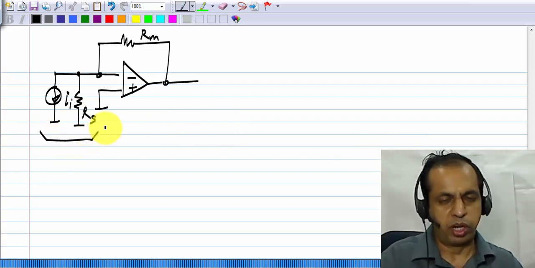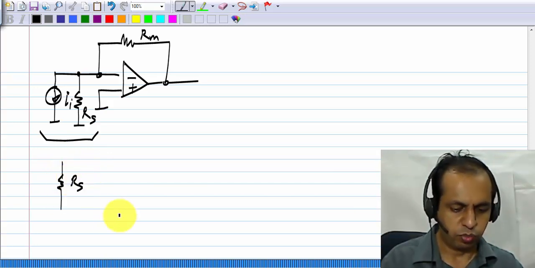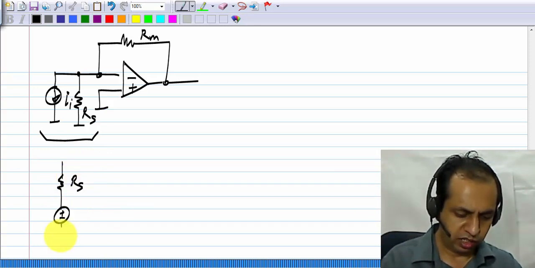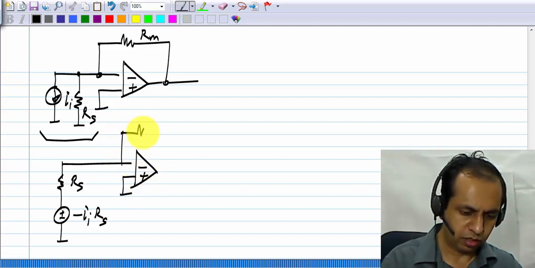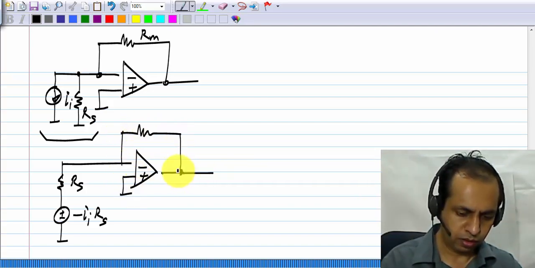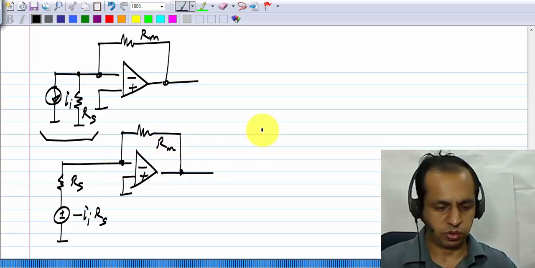We can convert the parallel combination into a series combination of Rs and a voltage which is minus Ii Rs. Okay, and this drives the current controlled voltage source. Okay.